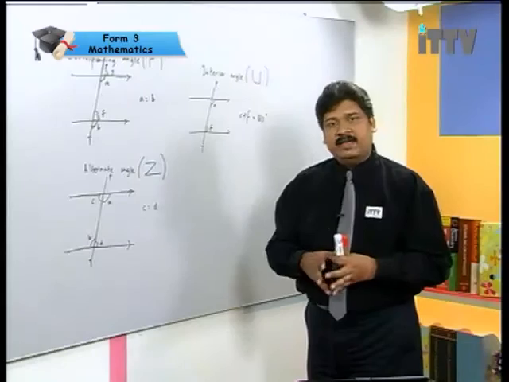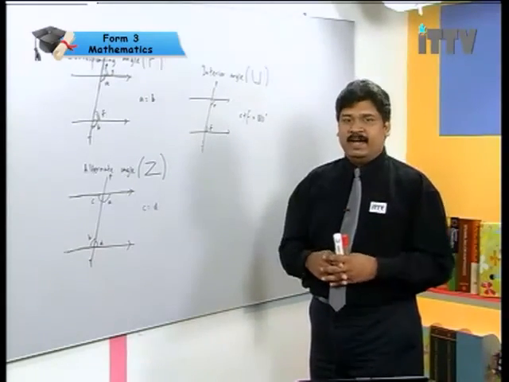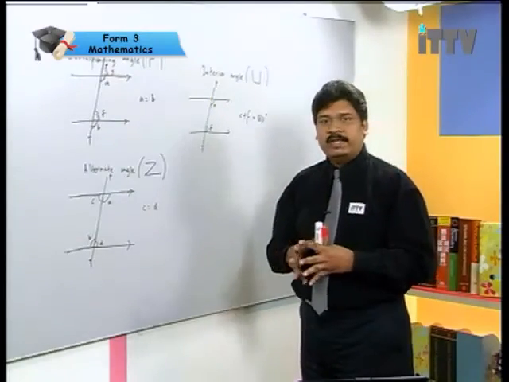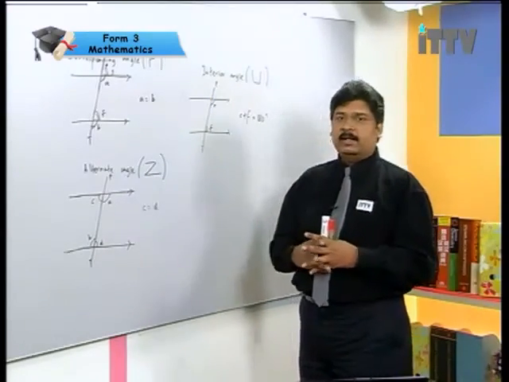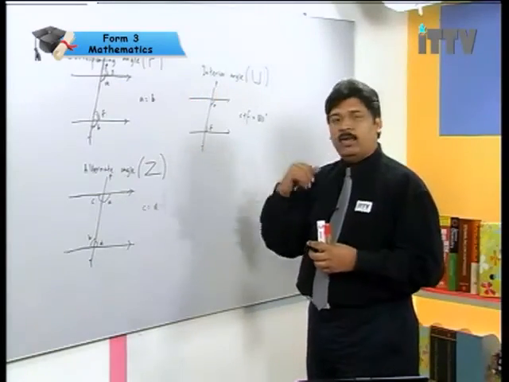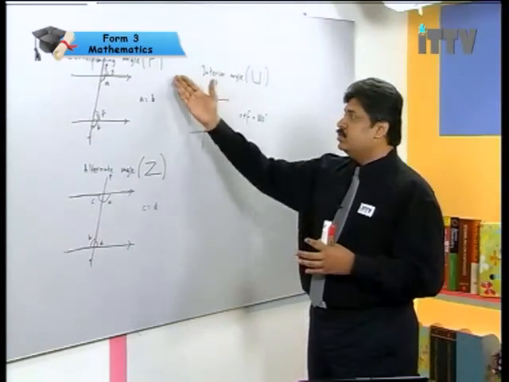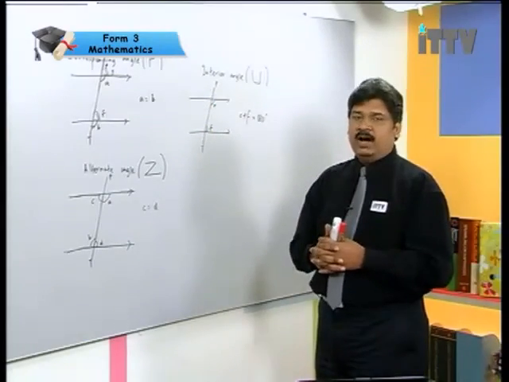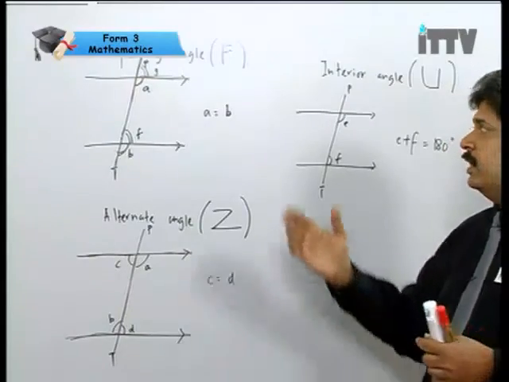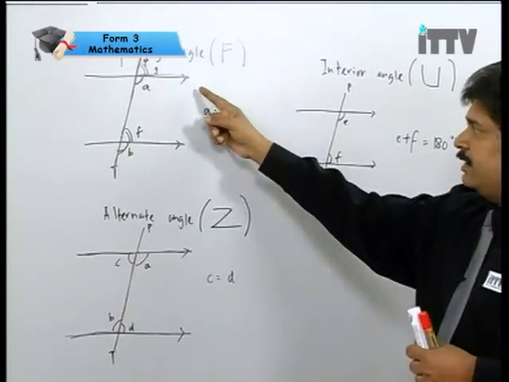Point number 3 is, how can I see whether that angle is a corresponding angle, alternate angle, or an interior angle? This is where I've made your life easy by looking into the alphabets. If you are finding a corresponding angle, try to create a letter F, like in this diagram.